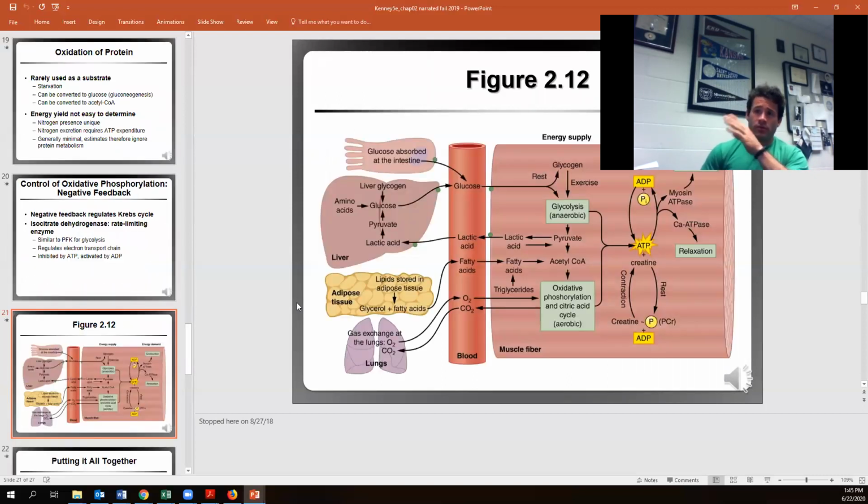And understanding this figure is really important, guys, because it's going to show you how we have the interplay of all of these different energy systems, how we're going to be obviously breaking down carbs, breaking down fats, delivering oxygen, what parts of the cell is going to be utilizing oxygen, where this is going to be occurring in different parts of the cell, along with how we're going to be storing that glycogen inside of our muscles, fat inside of our fat cells.